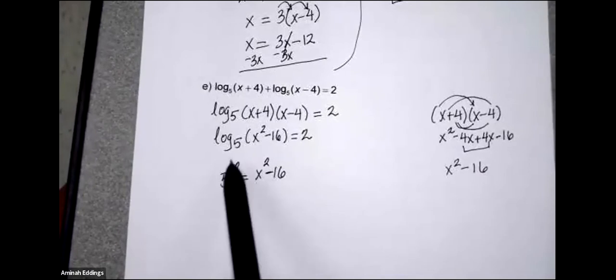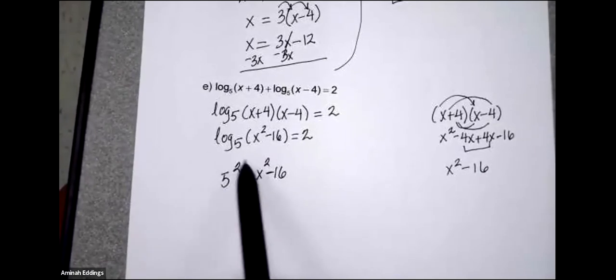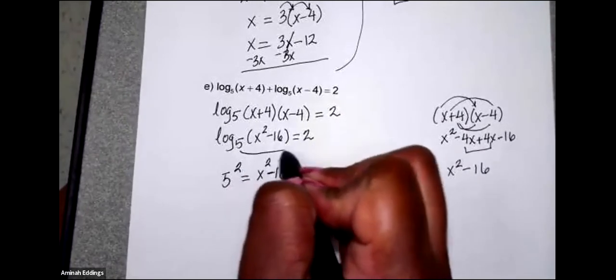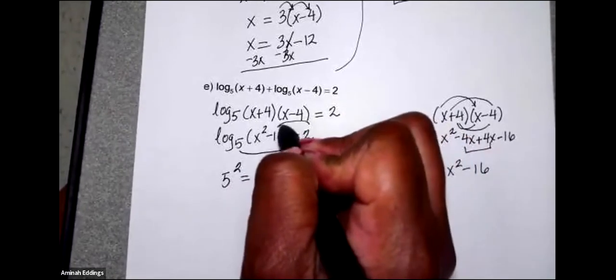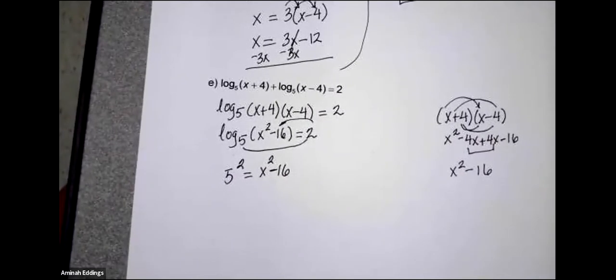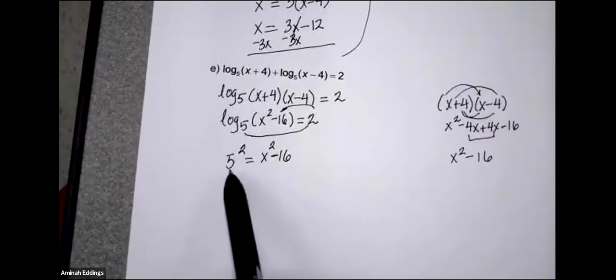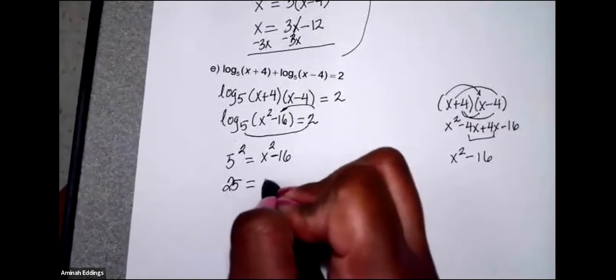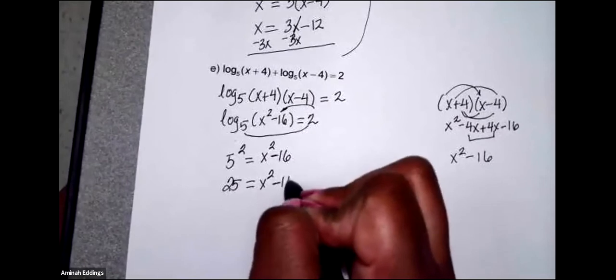Whenever I have the one log, then I can convert it into exponential form. So 5 to the second equals x squared minus 16. So 5 squared is 25, is equal to x squared minus 16.